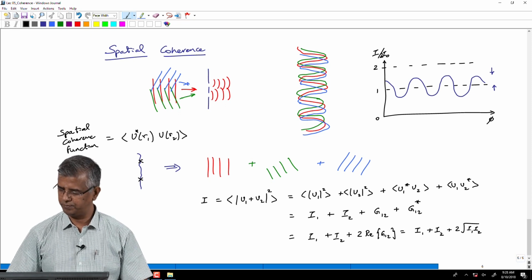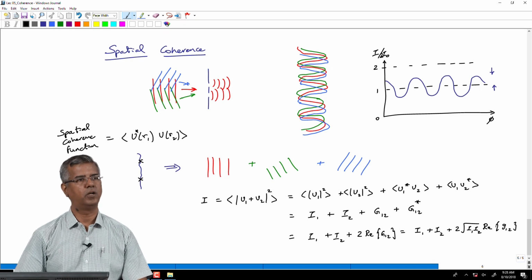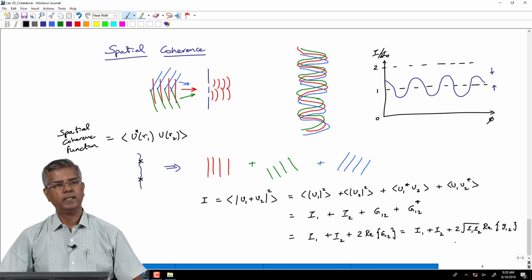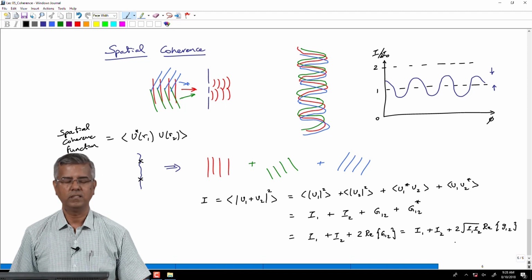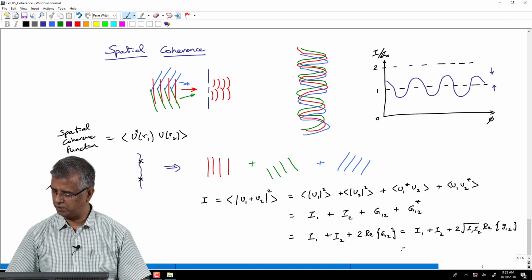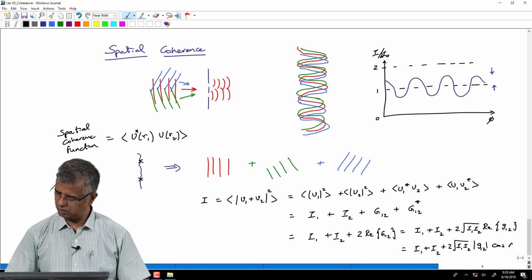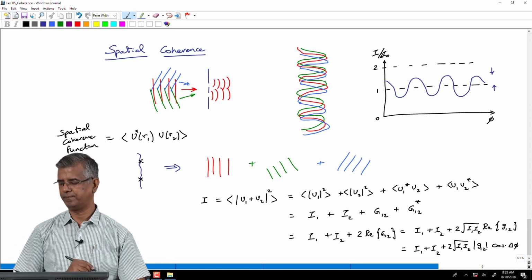So you can write it as I1 plus I2 plus 2 root I1 I2 times the real part of small g12, where small g12 is the normalized value, the degree of coherence. This becomes I1 plus I2 plus 2 root I1 I2 times the magnitude of g12 times cos of delta phi.